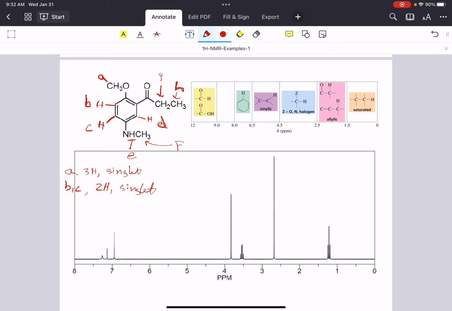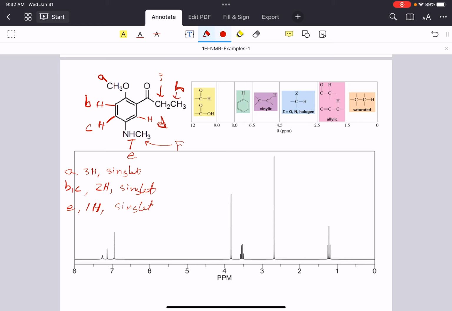If I think about the NH hydrogen, E, that should integrate to one hydrogen. Turns out those hydrogens directly attached to heteroatoms like a nitrogen or oxygen can exchange rapidly in the solvent, and so what ends up happening is that they don't split anything even if they have neighbors. And so those types of hydrogens, OHs and NHs, are always singlets.